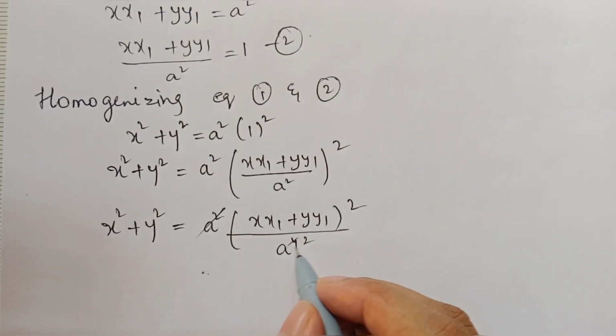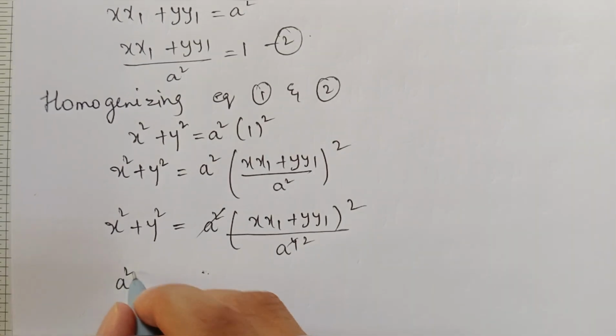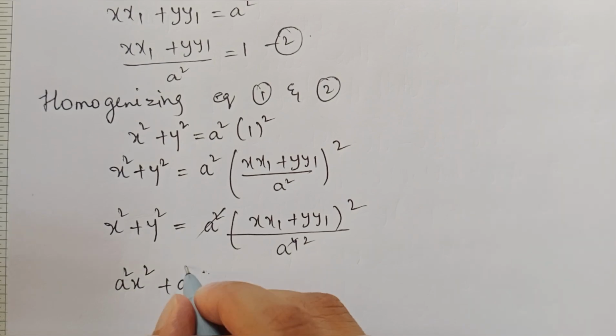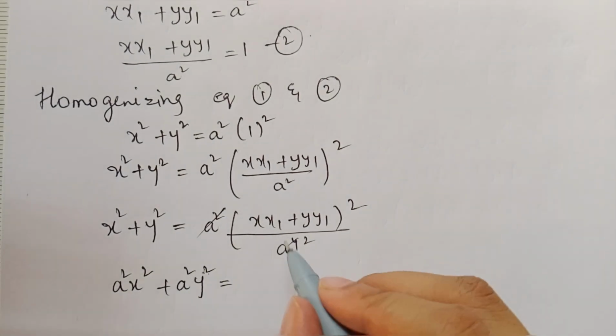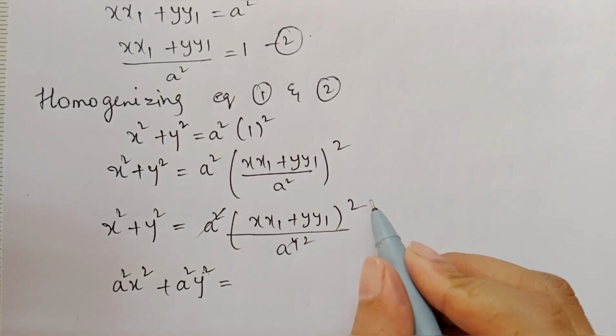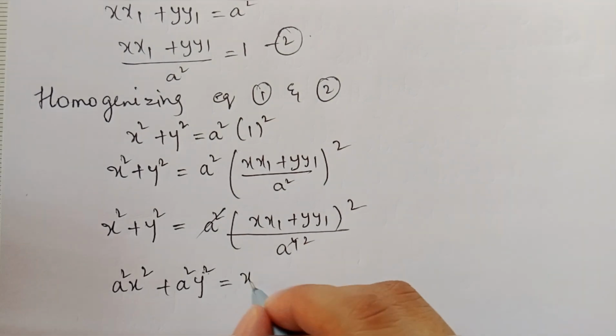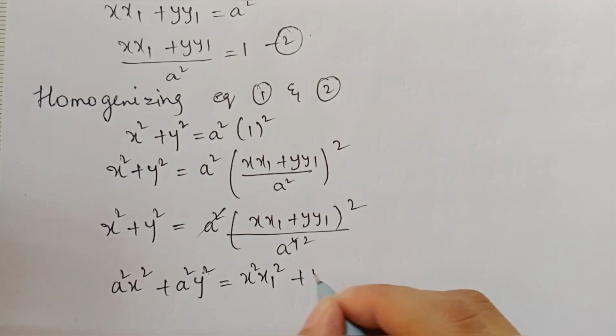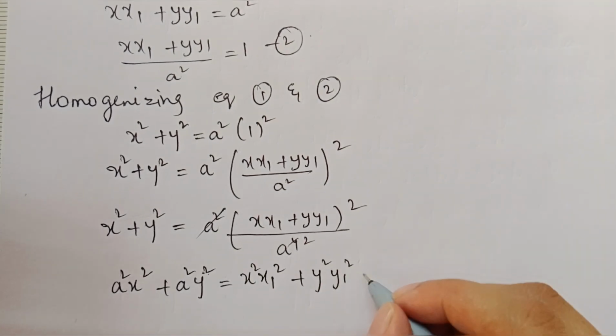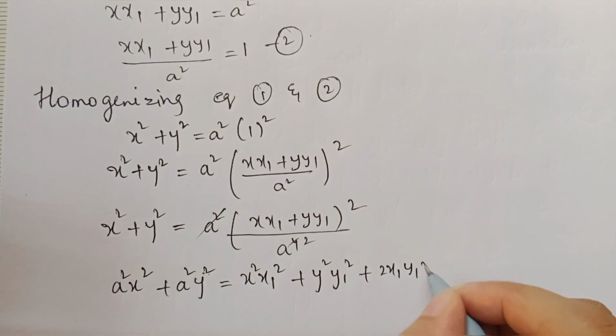This a square multiplies over here, so it is a square x square plus a square y square equals, here the formula of (a plus b) whole square we can apply. So we'll get x square x1 square plus y square y1 square plus 2 x1 y1 xy.